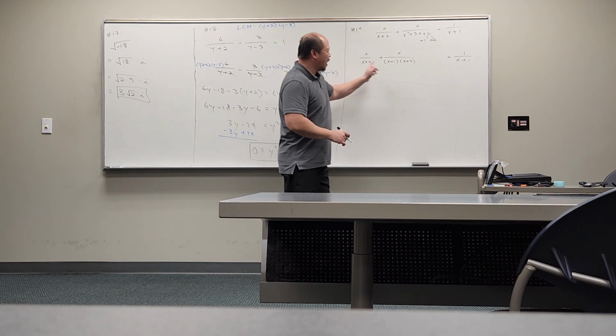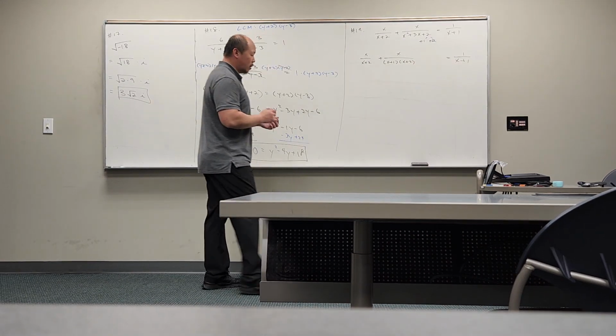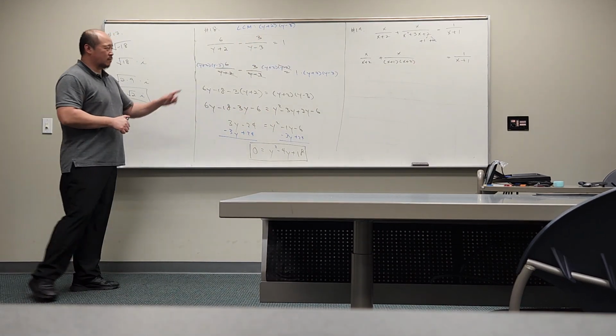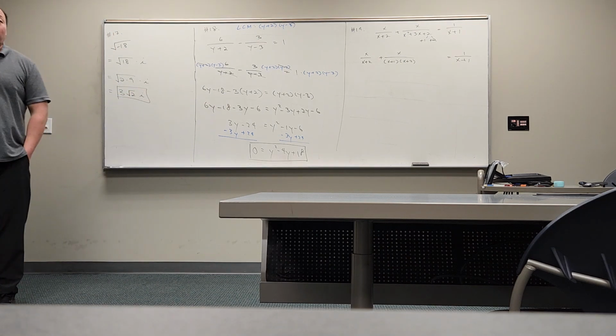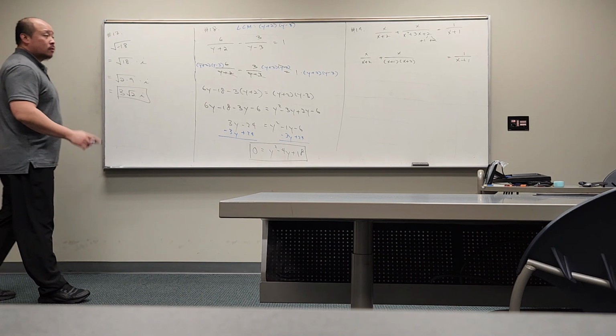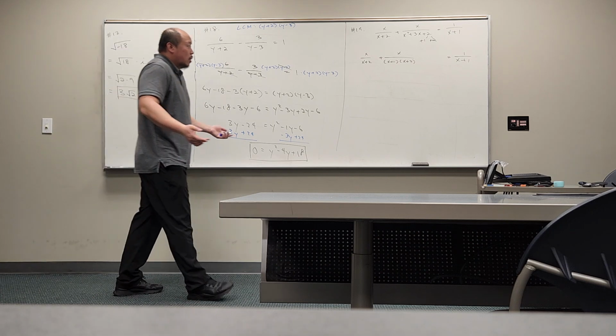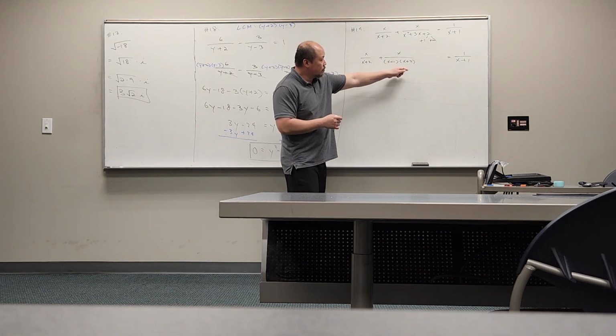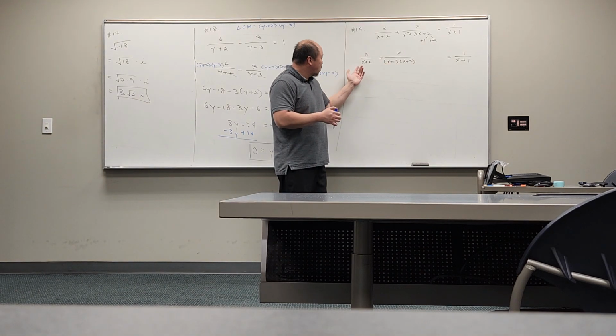And I'll leave a lot of space here for a reason, because we are going to do exactly the same thing. I will multiply by the LCM. And in this case, what's the LCM? It's exactly what you see in the middle. All you see is x plus 1, x plus 2.